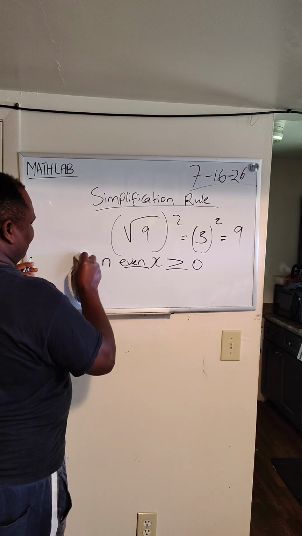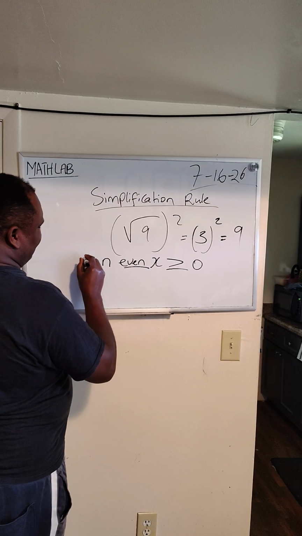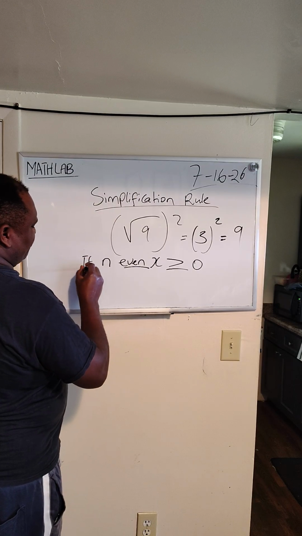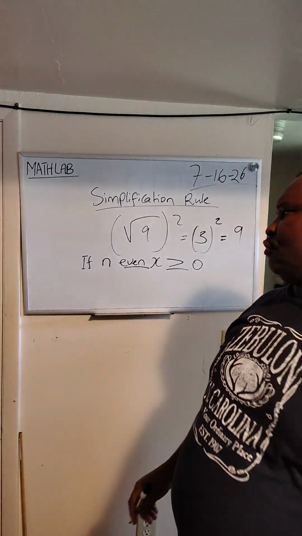If it is greater than 0, then it will be considered an even number, because that means it is able to be divided by itself or by 2.